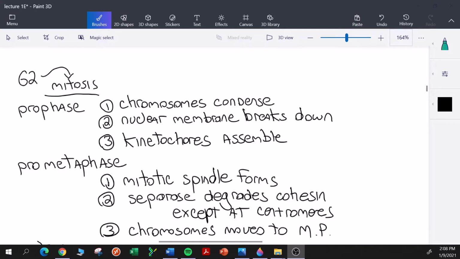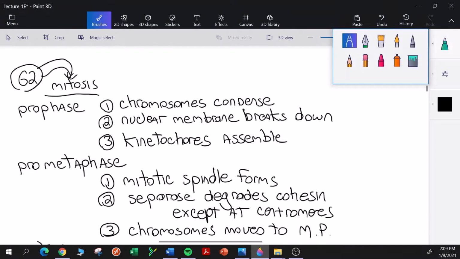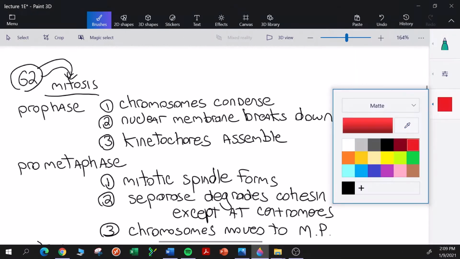Okay, so mitosis. At first, I just want to highlight some of the main points of each subphase of mitosis. If we call mitosis a phase, it can be divided into 5 subphases or stages. So a cell leaves G2, enters mitosis, and those 5 stages of mitosis are as follows.